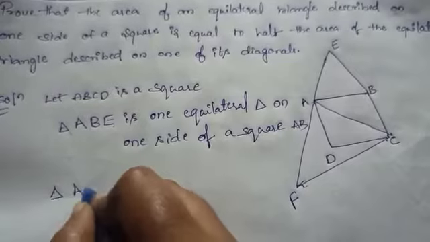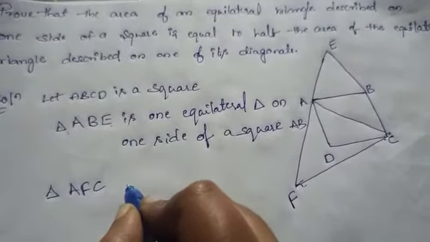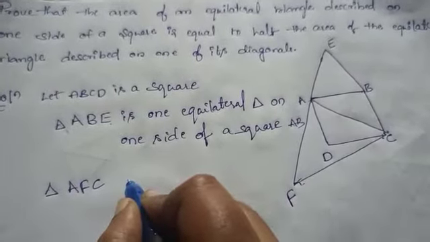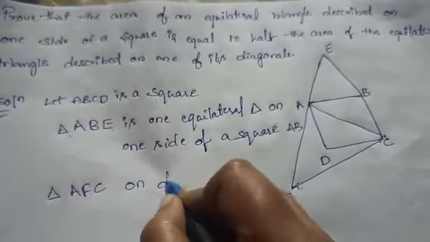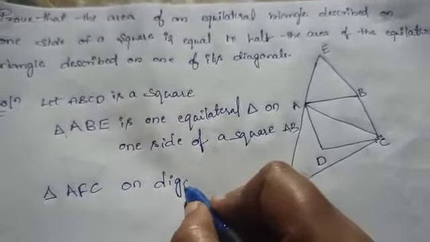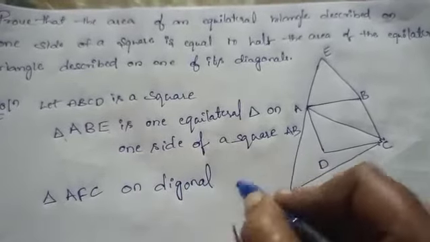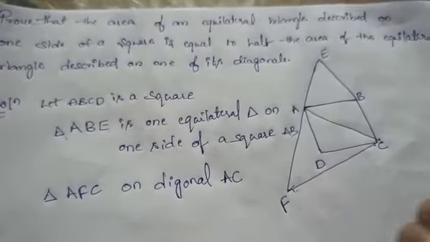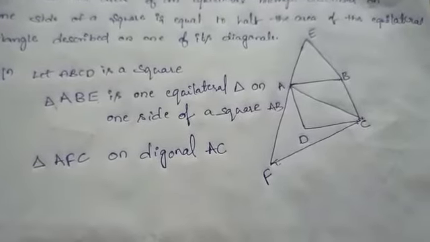Triangle AFC is one equilateral triangle on diagonal AC. Okay, is it clear?